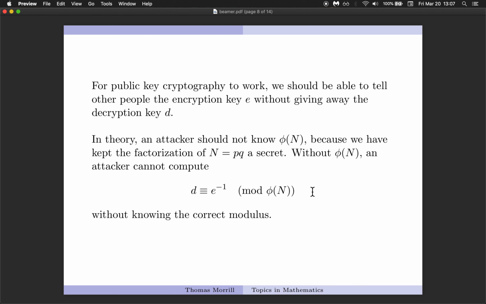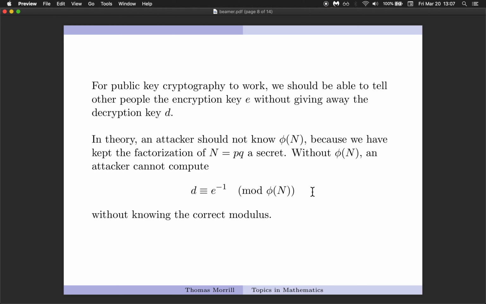We'll talk a little bit about this on Monday, but the short of it for now is that factorization is very hard, and even though there are algorithms that will eventually be able to factor any number, the key word is eventually. We're talking millions of years to factor such a number.